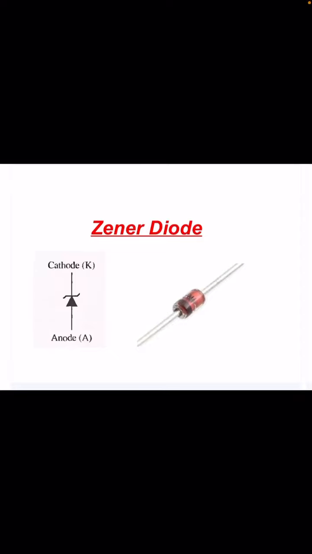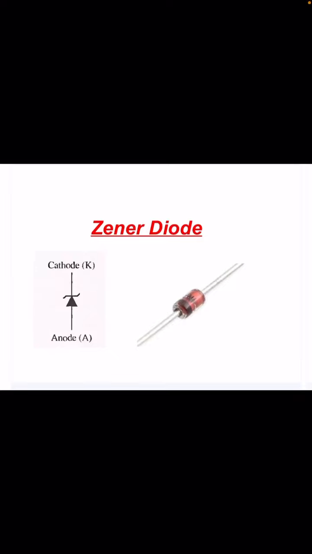Now, after discussing what is a diode, how diode works, and what are the forward bias and reverse bias, now we come to a special kind of diode, Zener diode. You can see a symbol of Zener diode as shown here, and anode and cathode are also shown, meaning P and N. P means anode and N is cathode.